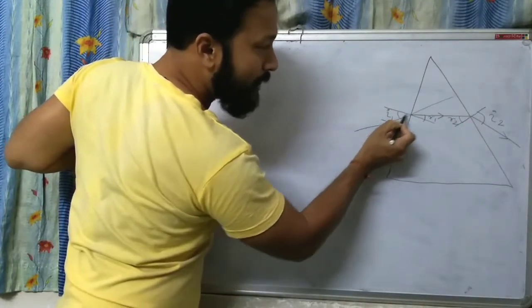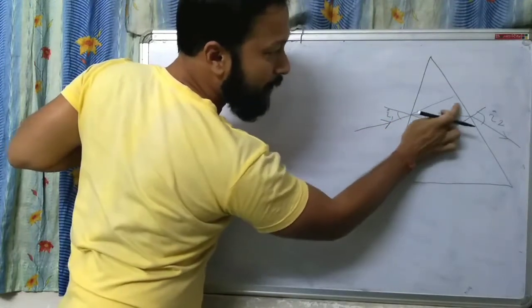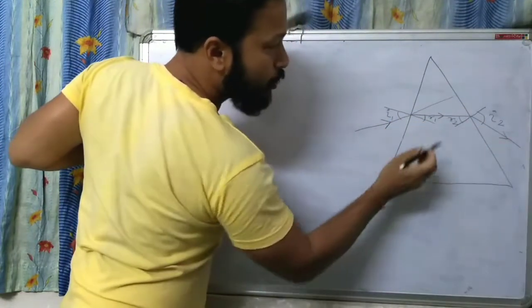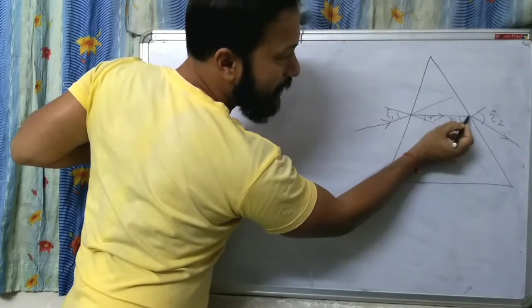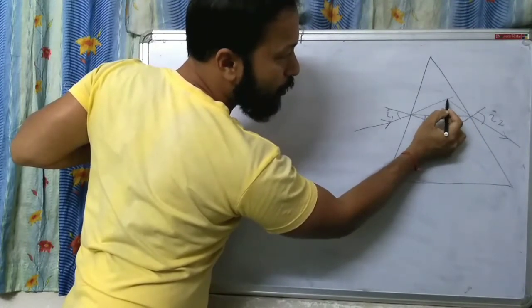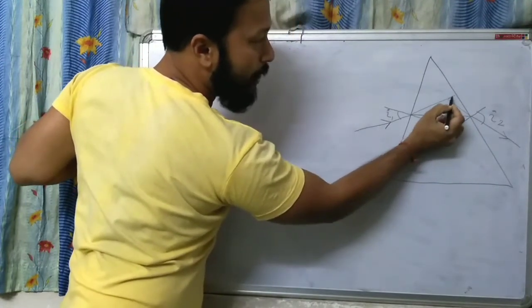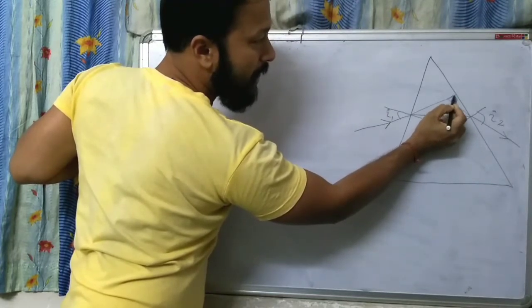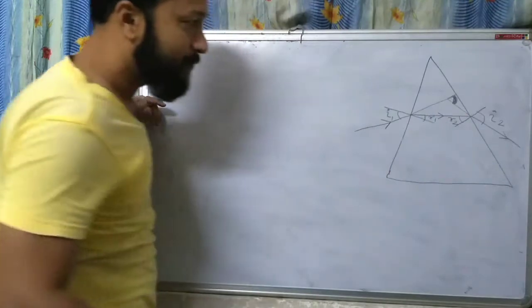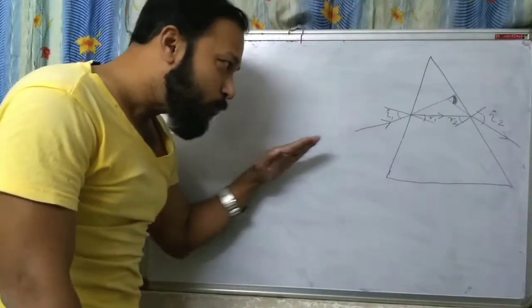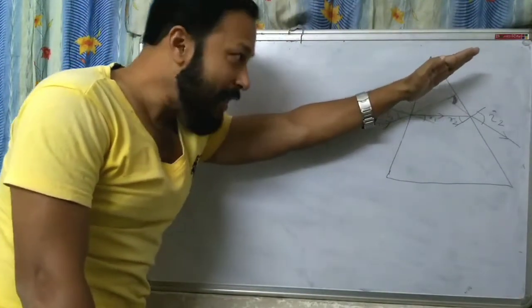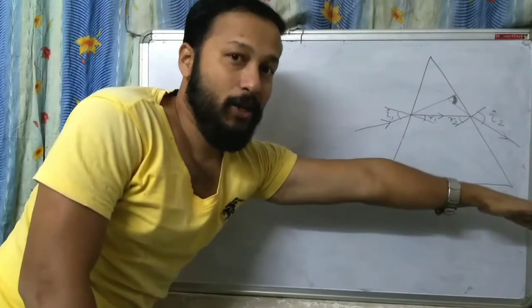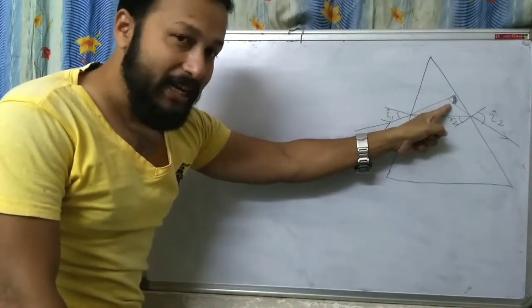First, the ray was going this way, but because of this prism, the ray is bent. So if I produce it, here I am getting an angle. See, I am getting an angle here, because the ray was going this way and now the ray is going this way.